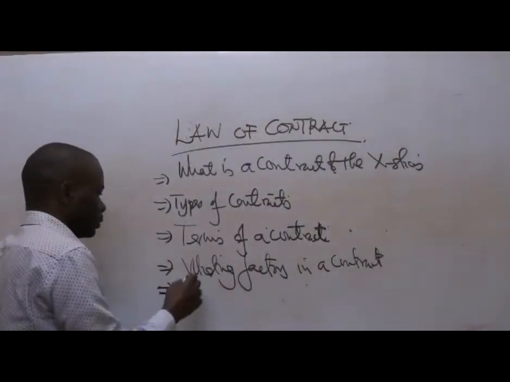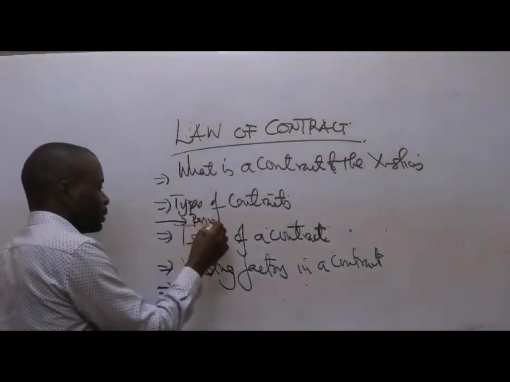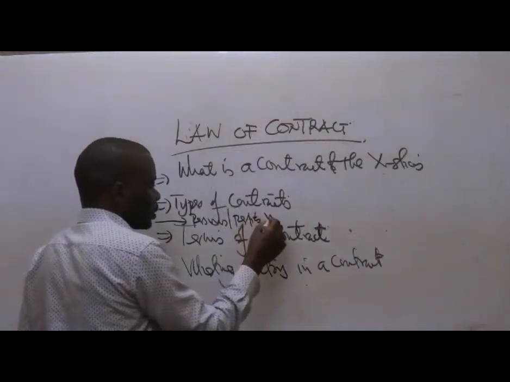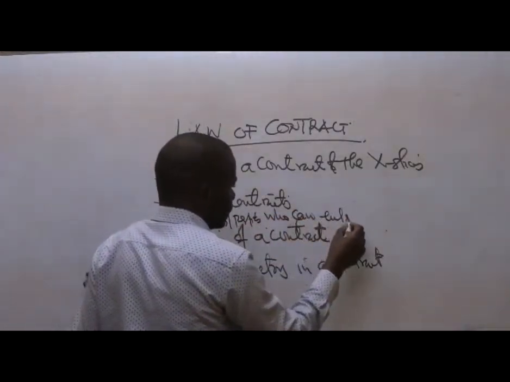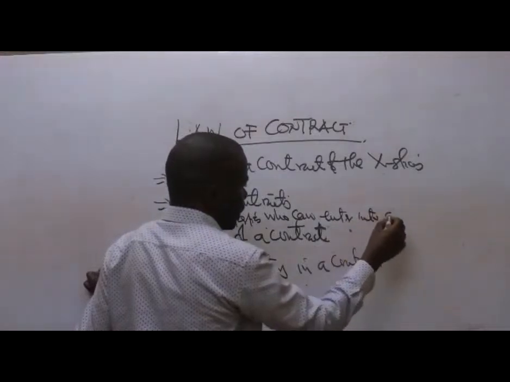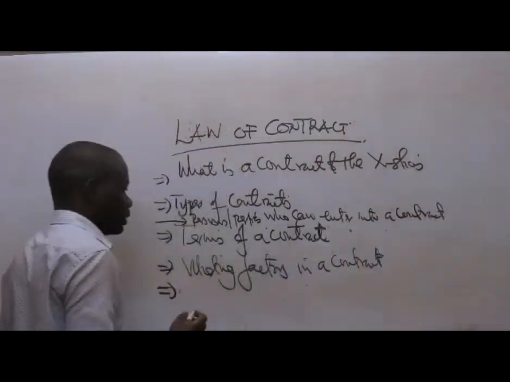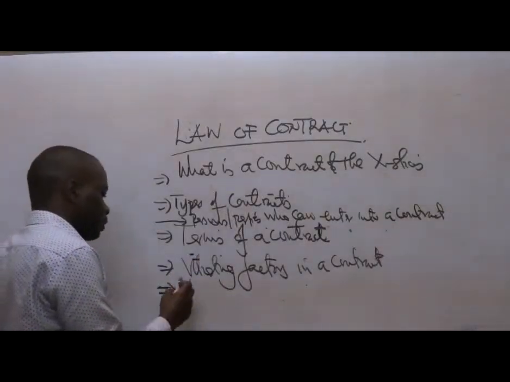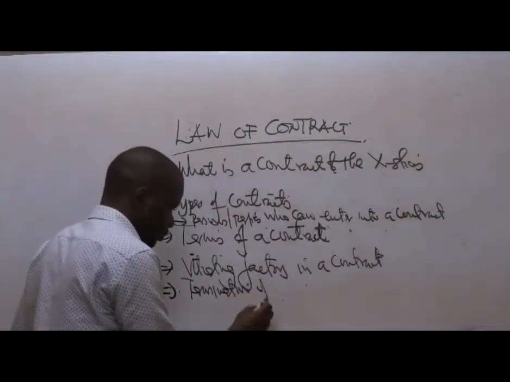Then also there is something about persons or parties who can enter into a contract. Then lastly, basically, is termination of a contract.